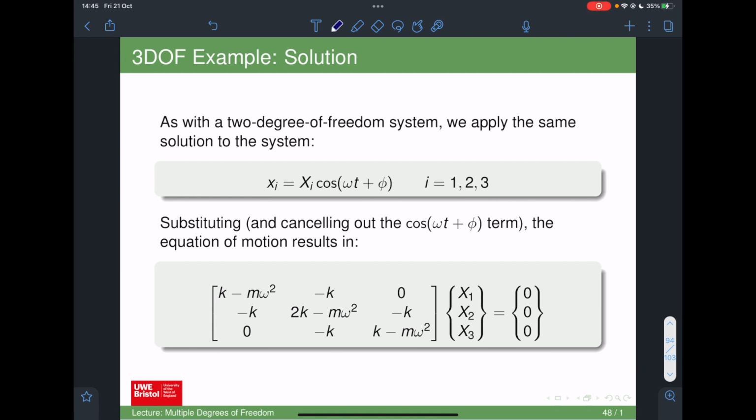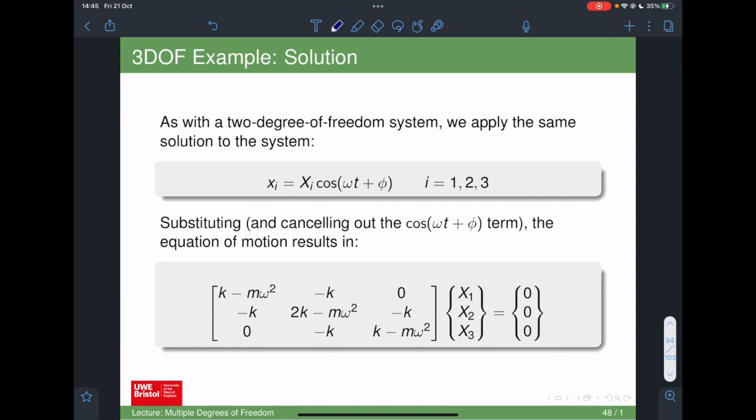It's a bit more complicated in terms of combinations. Normally you would end up with 6 terms, and here we've got 0 and 0, so that drops down to 4 terms. But the problem is that once you've done that 3 by 3 matrix and found the determinant, you end up with a cubic equation. I can't solve a cubic. Well, no, it's a quadratic times omega squared. So one of the omega squared terms can disappear, which you can then solve.